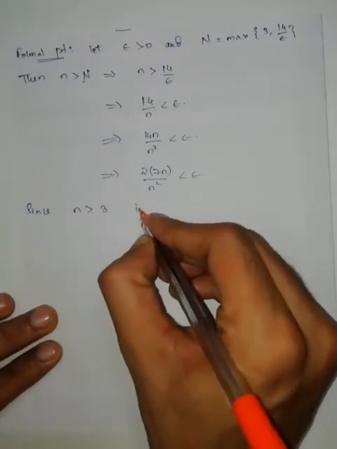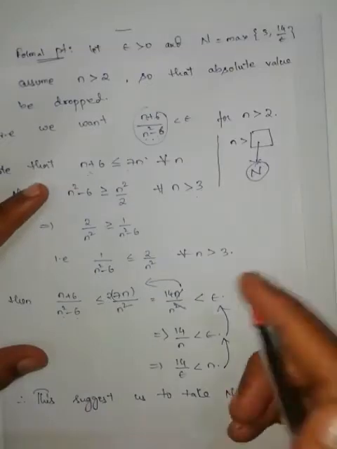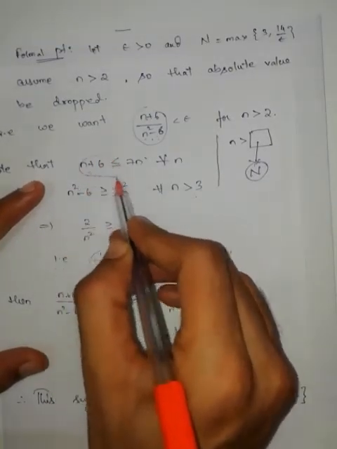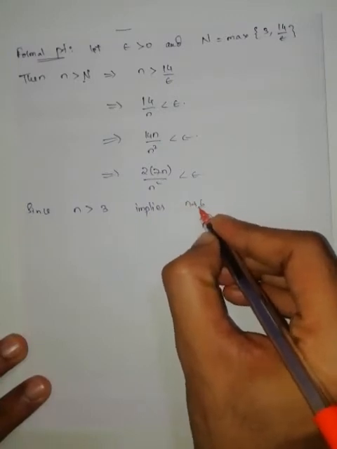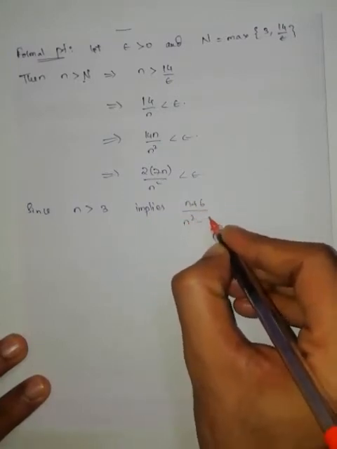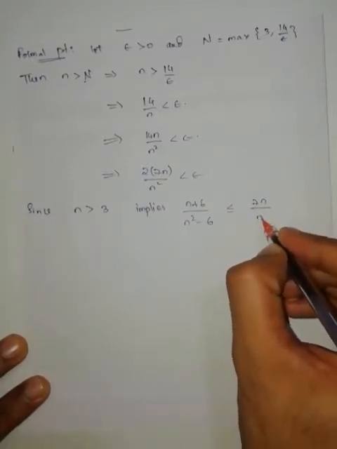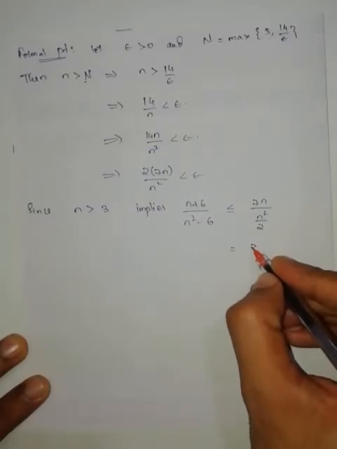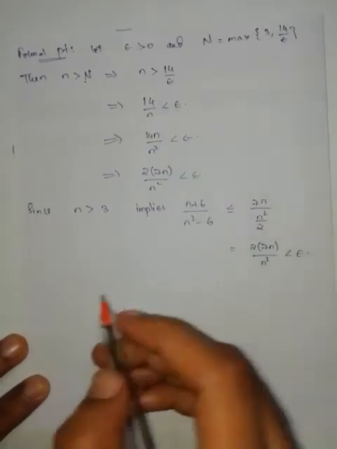If n is greater than 3, I can use this one and this one. That is, we will get (n + 6)/(n² − 6) less than or equal to 7n/(n²/2), which is nothing but 2 into 7n/n², which is less than epsilon.